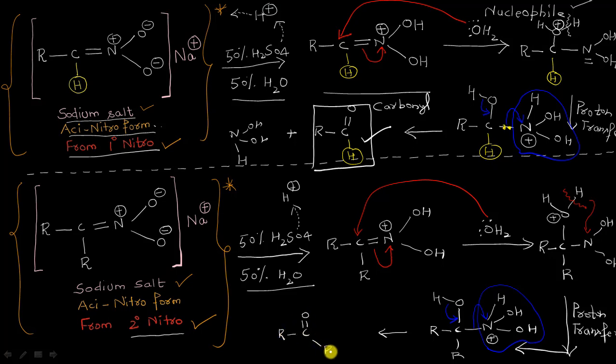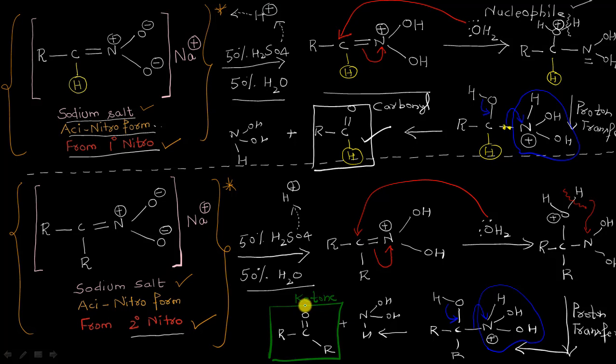This is the second R group here, plus what else we will get here is a nitrogen having 2 hydroxyls and 1 H. And see, what we have got here is a carbonyl compound, but this time definitely it is not an aldehyde, it is what? A molecule of ketone here.